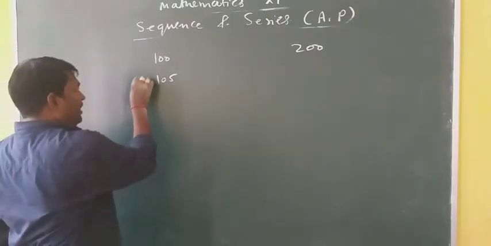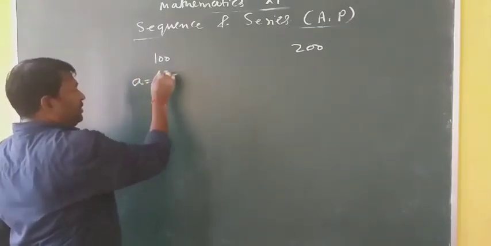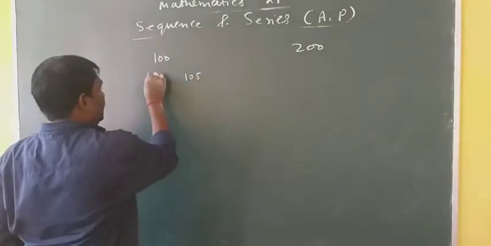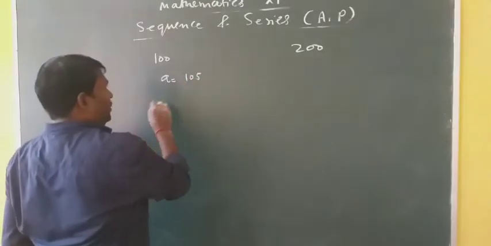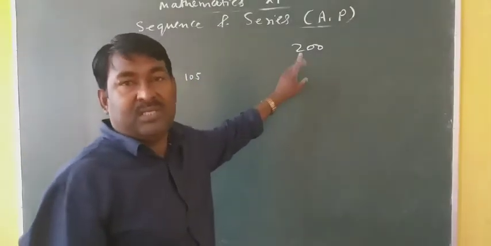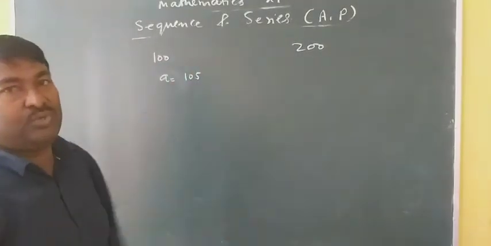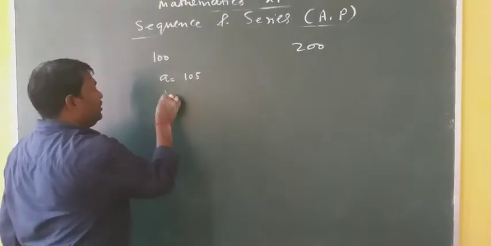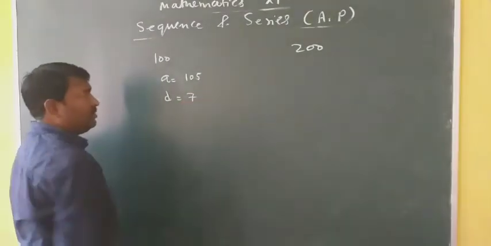So, this a is your 105. The condition is that all those numbers should be divisible by 7, which means d is your 7.